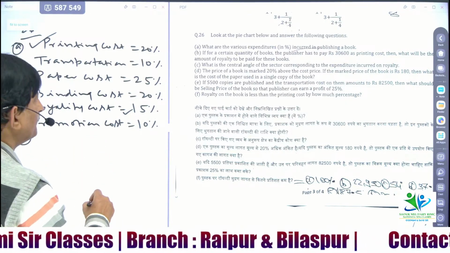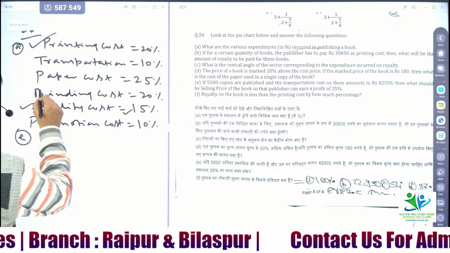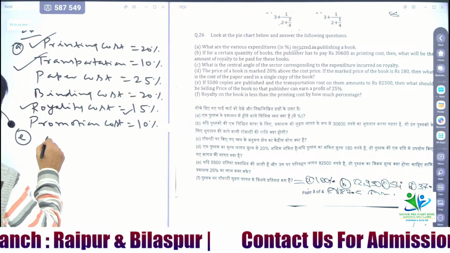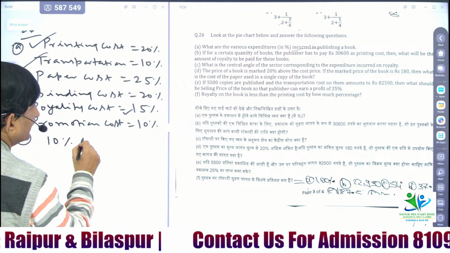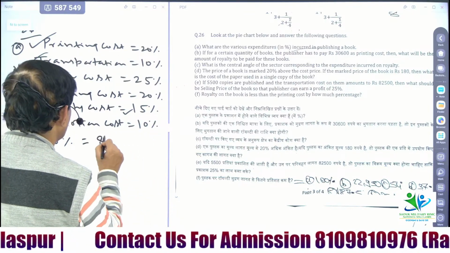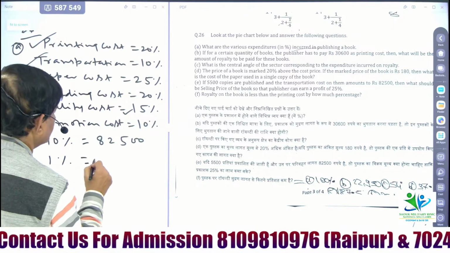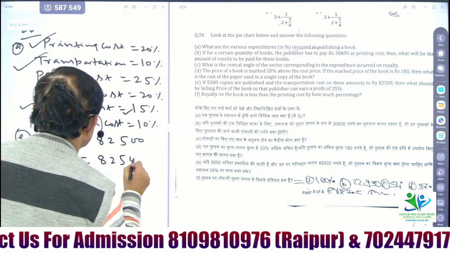See here, 5,500 copies are published and transportation cost is 10%. That means 10% is given, that is 82500, and therefore 1% is equal to 8250.